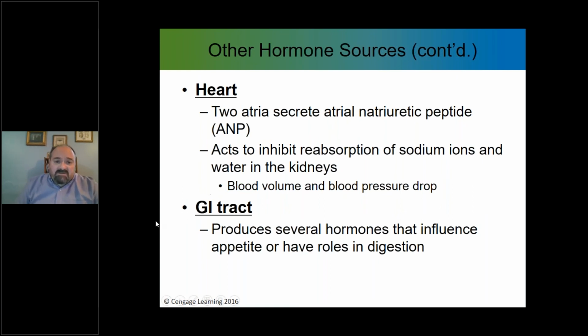The heart can also release ANP, atrial natriuretic peptide. It can help to lower blood pressure, but if someone has chronic high blood pressure issues, it's just not strong enough to make a difference. Also, the GI tract can produce hormones that are involved in your ability to be hungry or to be sated, not hungry, and also play roles in digestion.